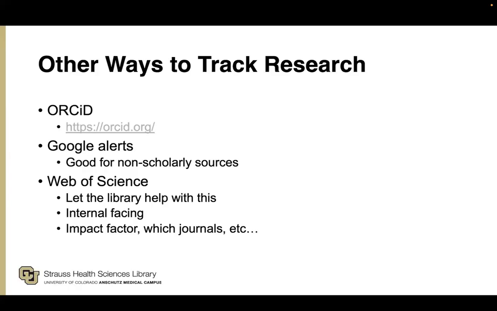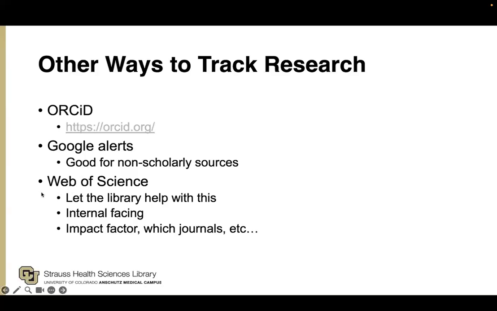So really the most efficient way to keep track of those is just to set up a good old-fashioned Google alert. With a Google alert, you can just log into your Google account, put in the name of the person that you are interested in monitoring, and then you can save that, and then you can get a Google alert anytime something gets added to the popular portion of the internet, and it will let you know about that.